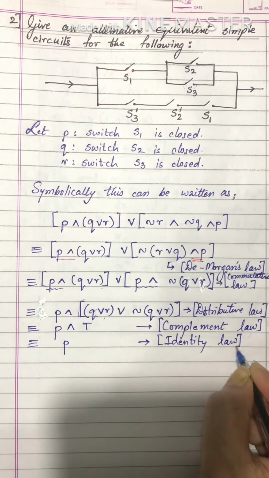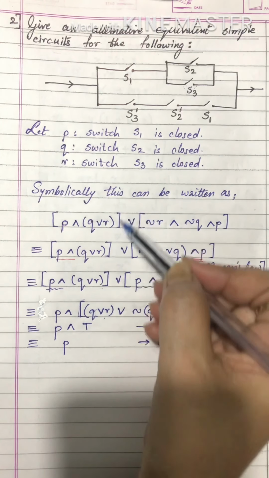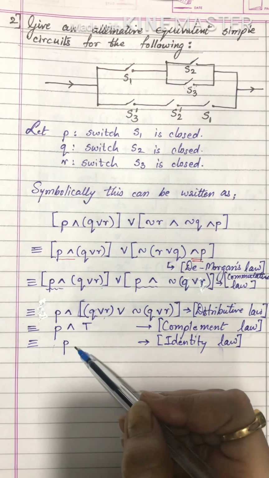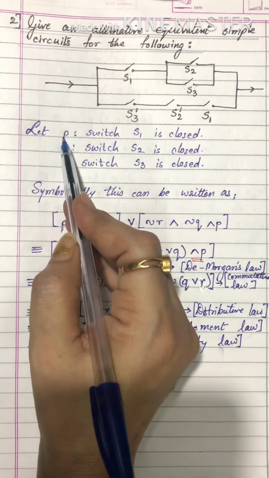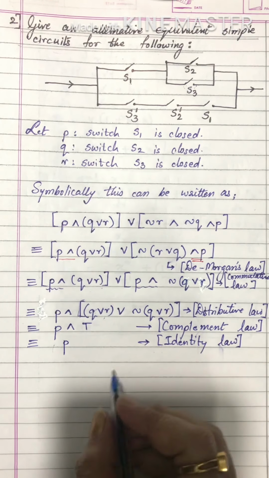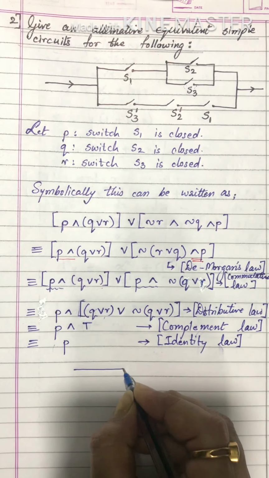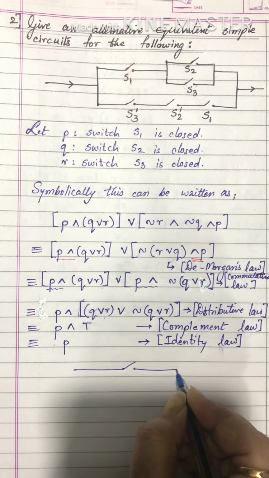Okay, now see how the circuit has been simplified symbolically here. Now we are left only with P, and P is what? Switch S1 is closed. So here is how we will represent the simplified circuit.